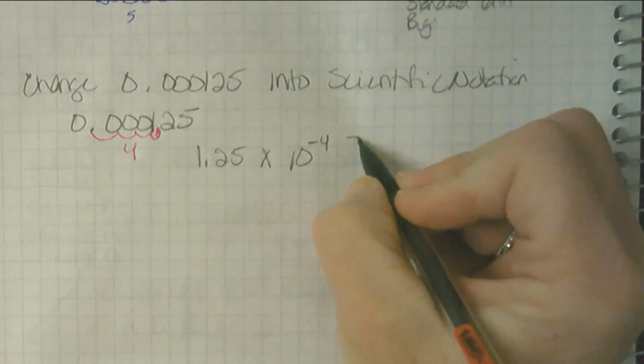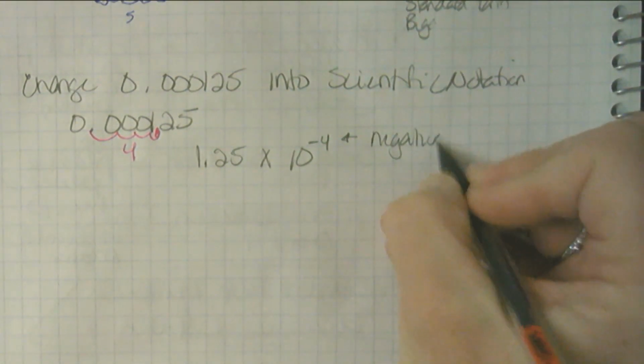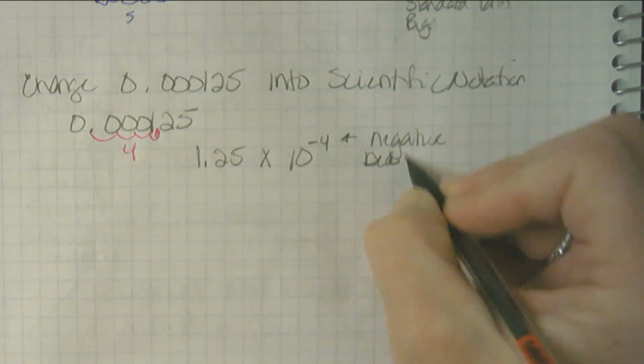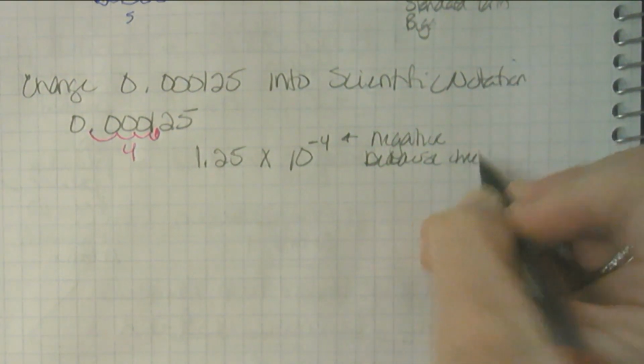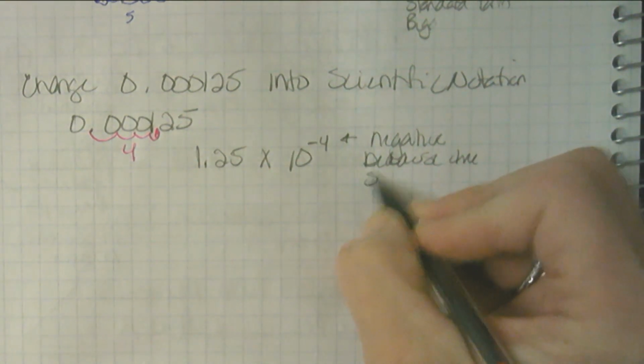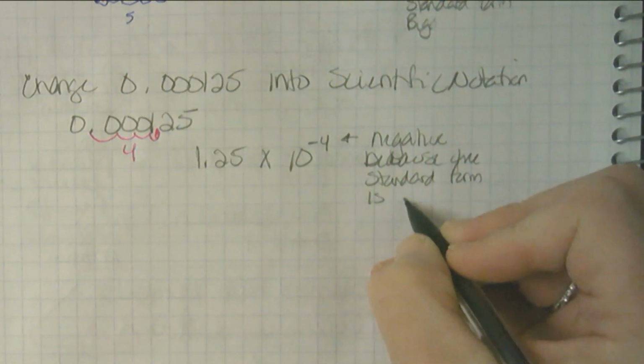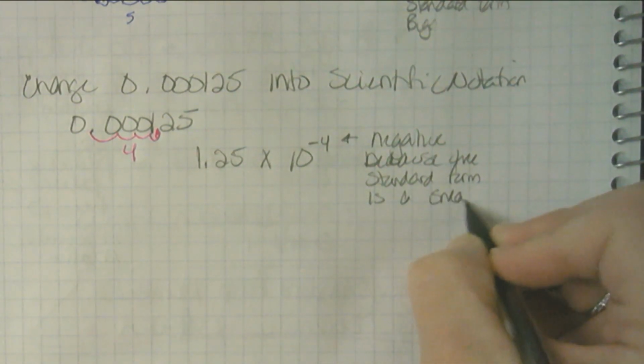Why is that negative, Matthew? So the standard form is a small number. Yep, so the standard form is a small number.